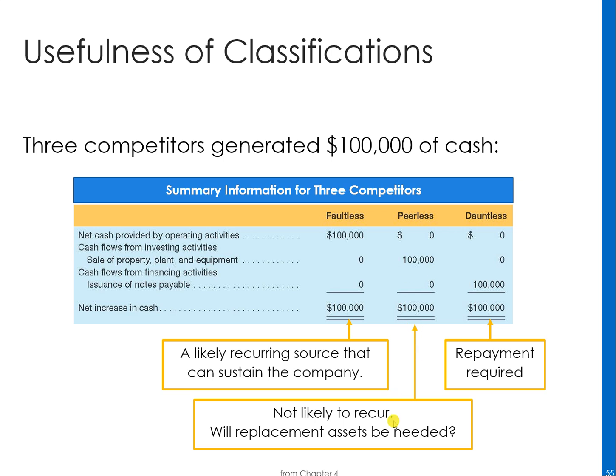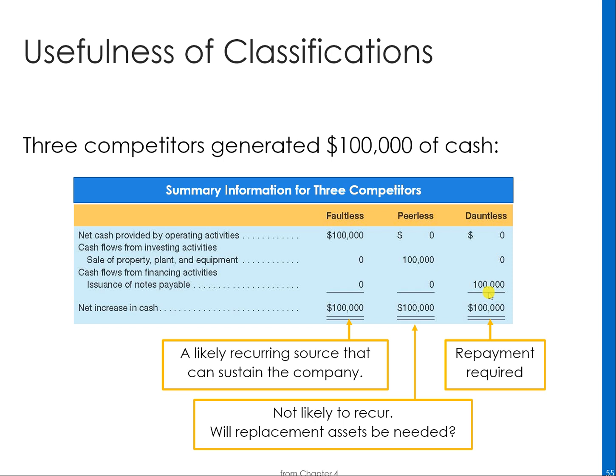It's okay, but it's not likely to recur. What about the next period? Do we have the same amount of PPE assets to sell? Maybe yes. Maybe not, right? And so it's less likely to reoccur.